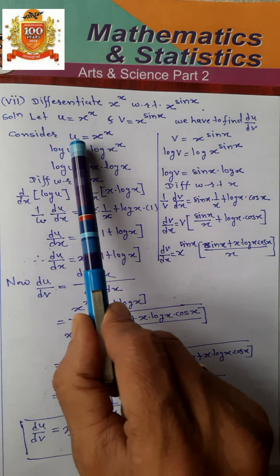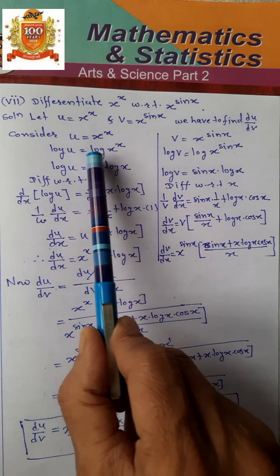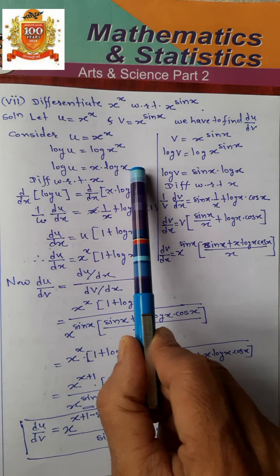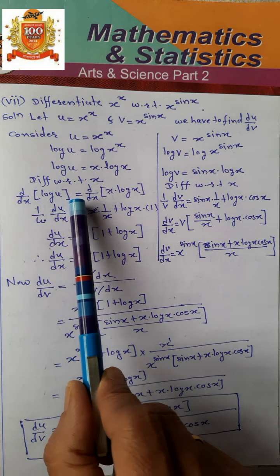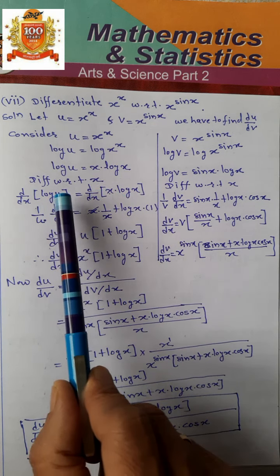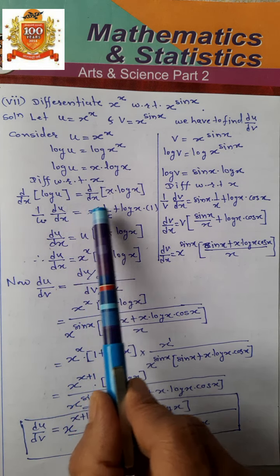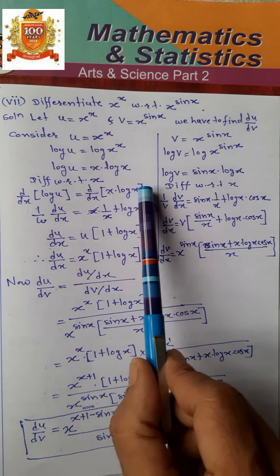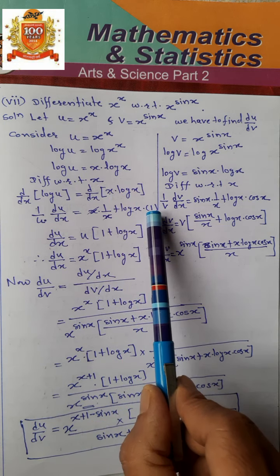Consider u is equal to x raised to power x. Taking log on both sides, we get log u is equal to log of x raised to power x. That is, log u is equal to x into log x, isn't it? Differentiate with respect to x, we get d dx of log u is equal to d dx of x into log x. Derivative of log u with respect to x is 1 upon u into du by dx is equal to, now here apply product rule. x as it is, derivative of log x is 1 upon x plus log x as it is, derivative of x is 1.